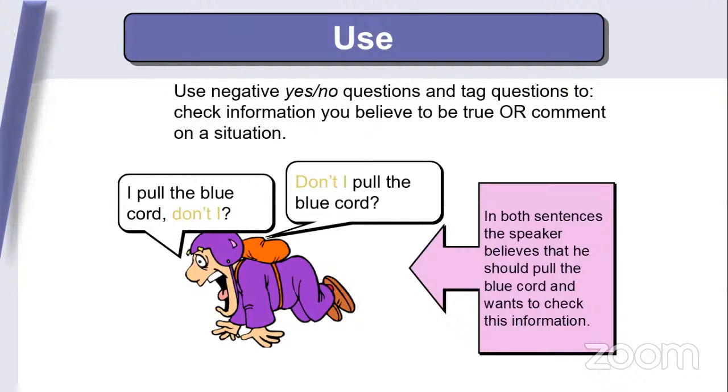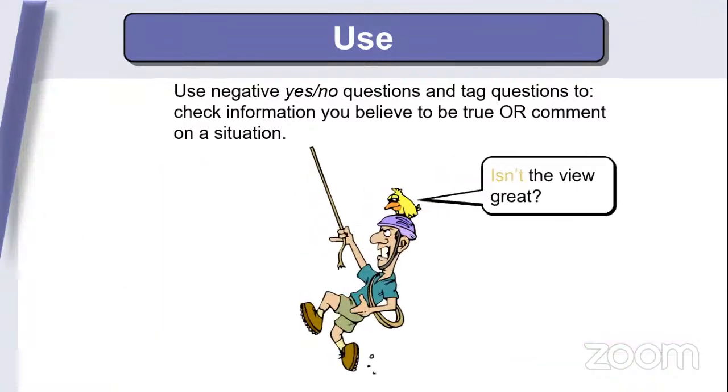So it's interesting. There is something similar in both examples. I pull the blue cord, don't I is a tag question. Don't I pull the blue cord is different. In both sentences, the speaker believes that he should pull the blue cord and wants to check this information, right? But usually we use the first one.